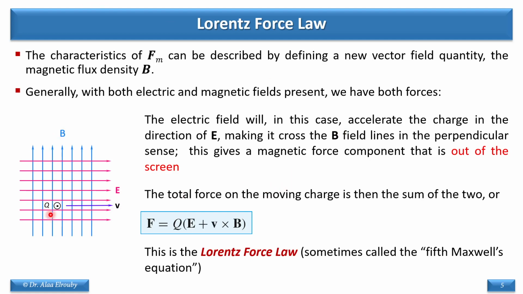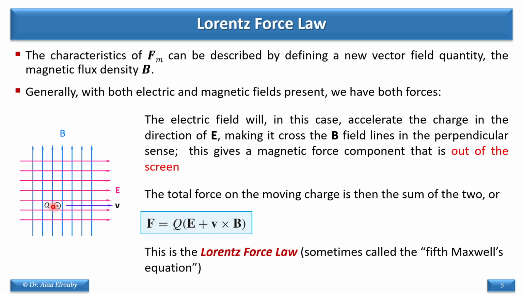Because of the motion of the charge, the magnetic field will exert another component of force on the moving charge, and this component is in the direction of V, velocity, cross B, the direction of the magnetic field, which is outside of this screen.